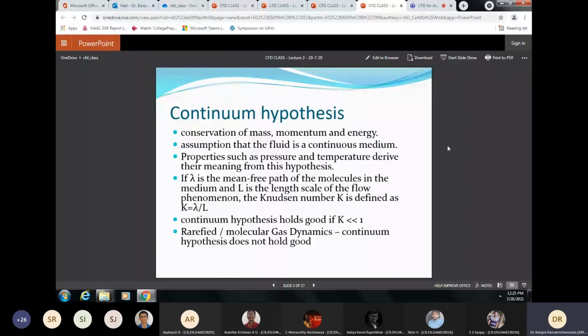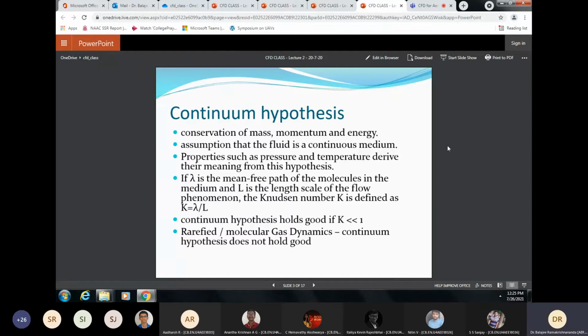It happens that the Knudsen number, lambda by L, is large for this problem, because L is very small, comparable to lambda. Hence, for this problem, you cannot use the Navier-Stokes equation. People resort to the same Maxwell-Boltzmann equation to solve this problem also.